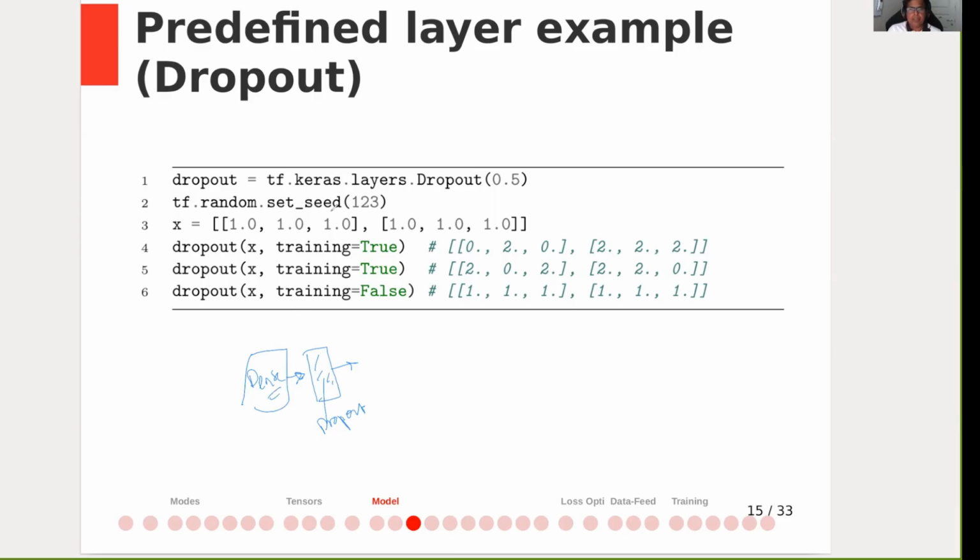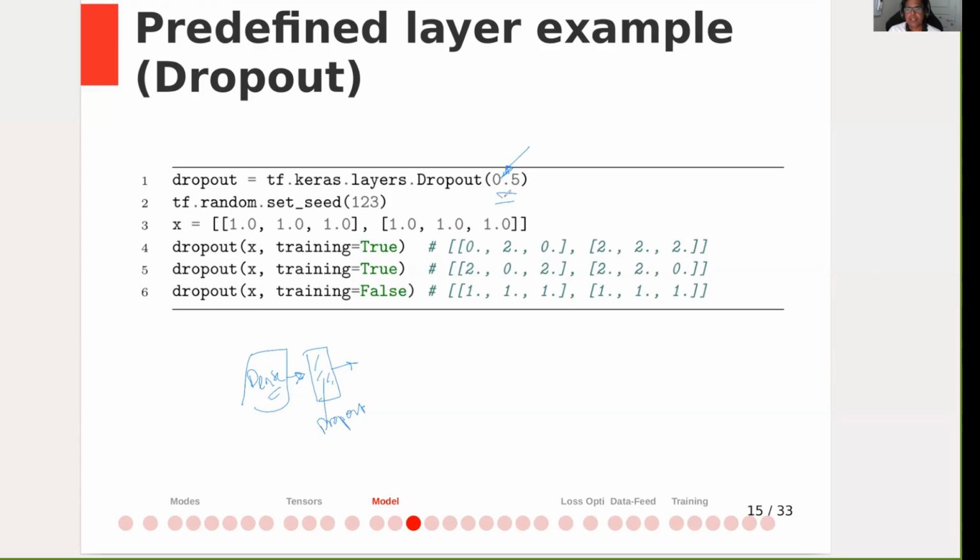So for defining dropout, you can use tf.keras.layers.Dropout, and the only argument you can specify is the probability with which neurons are dropped out. So in this case, we have 0.5.